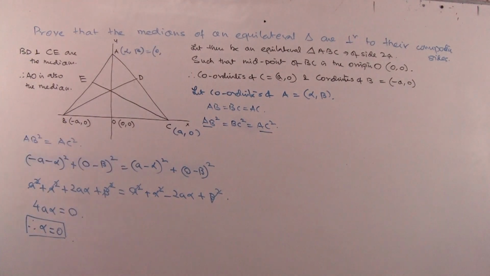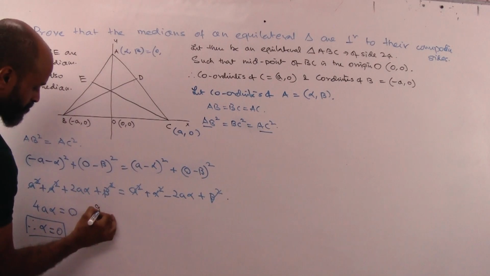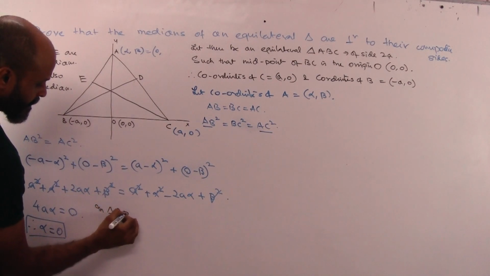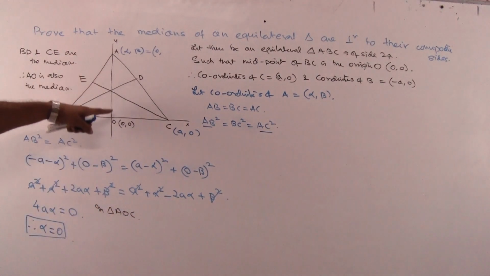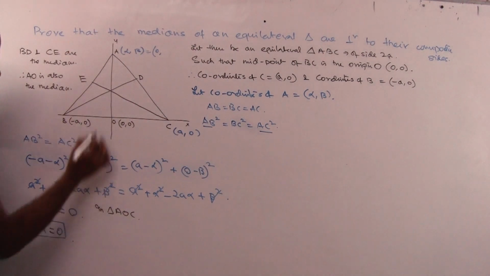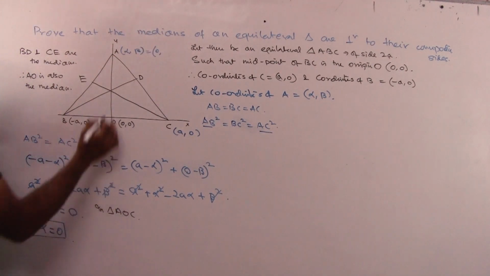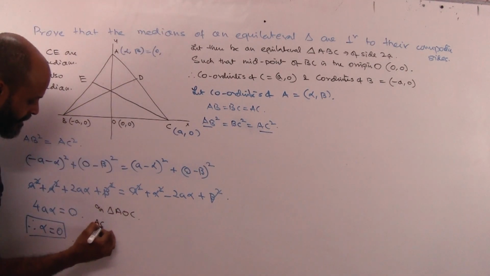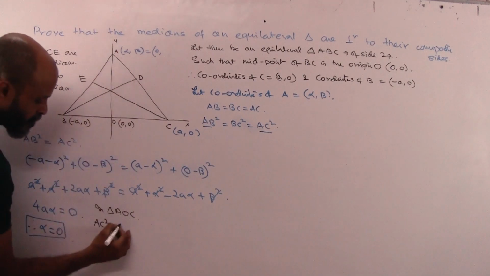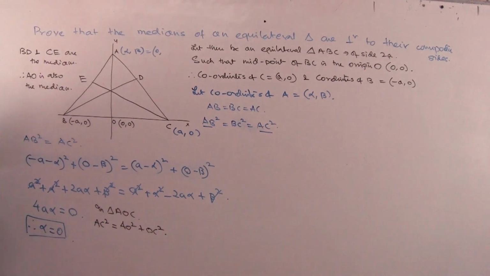Okay. Now how do we calculate beta? Let's say in triangle AOC, we don't yet know the coordinates of A and B. So in triangle AOC we can say that AC square will be equal to AO square plus OC square.